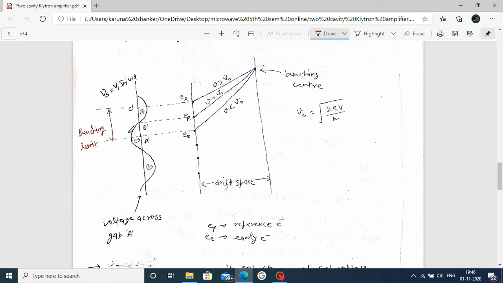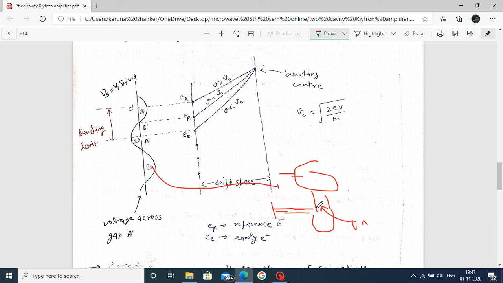Now this RF input, this AC function, is available in the first cavity. Suppose we draw the first cavity here. The cathode is emitting electrons here. This is the gap of your input cavity, which we represent as gap A. Now we apply this RF input here.